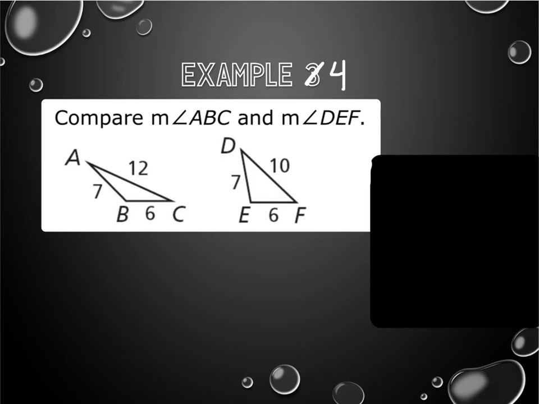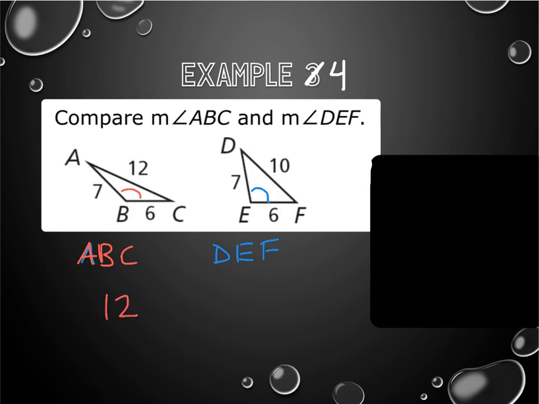So compare the measure of angle ABC and the measure of angle DEF. So we're looking at this angle here and this angle. What is the side that's opposite of angle ABC? 12.